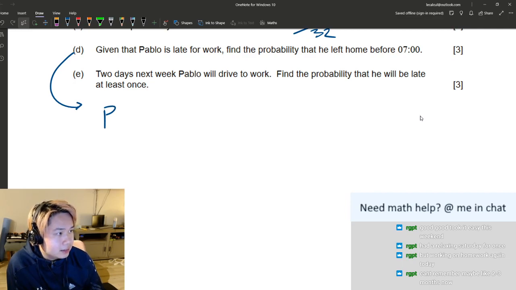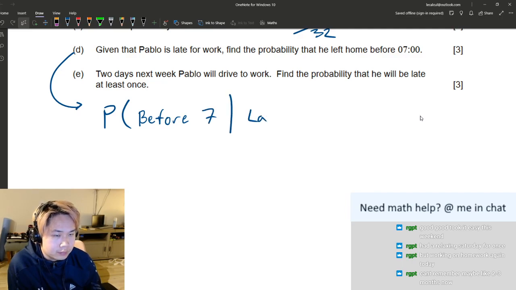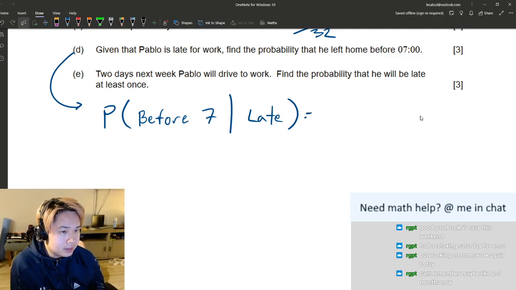Then we're asked this question. Given that he's late for work, find the probability that he leaves before 7. So this is a conditional probability. There is a pretty standard formula for it.